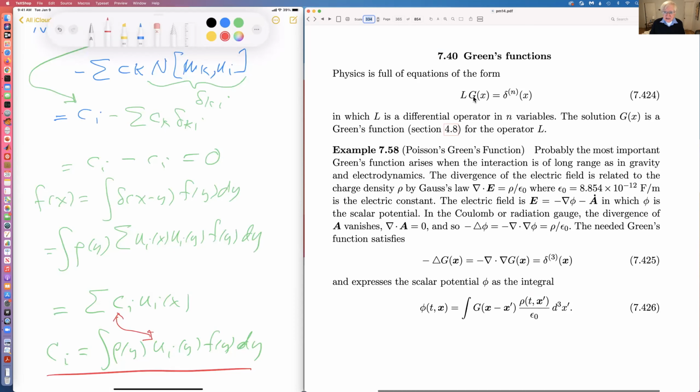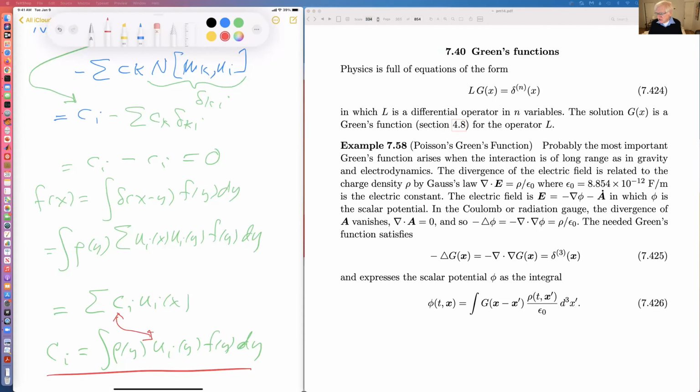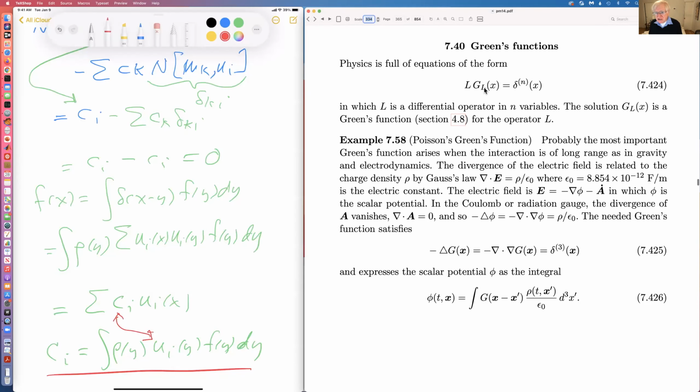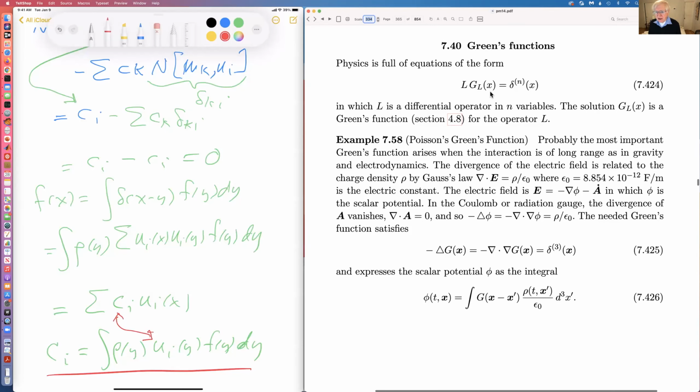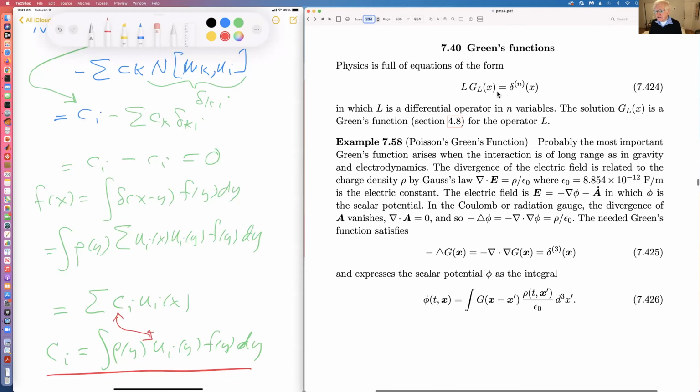To emphasize that, I should have called this G sub L. So G sub L is the Green's function for the differential operator L. And the idea is that L on G sub L of x is delta of x.